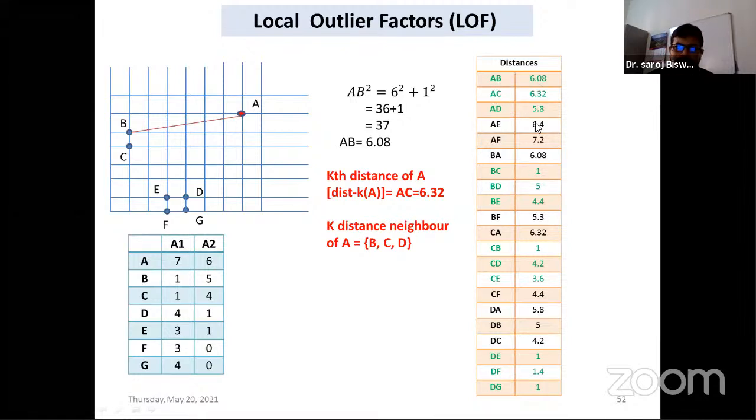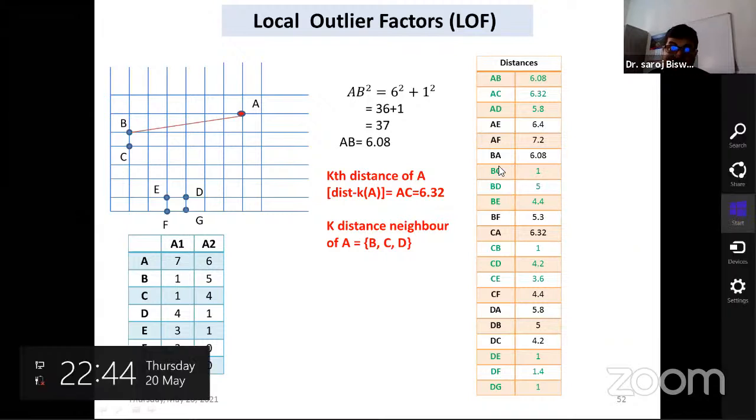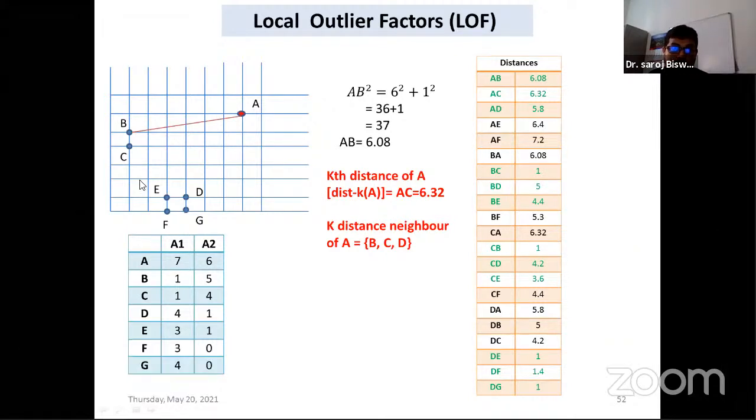Similarly, from B, it calculates all the pairwise distances: B to A, B to C, B to D, B to E, B to F. But we are interested in only the 3 nearest neighbors. So this green color represents the 3 nearest neighbors of B, right?